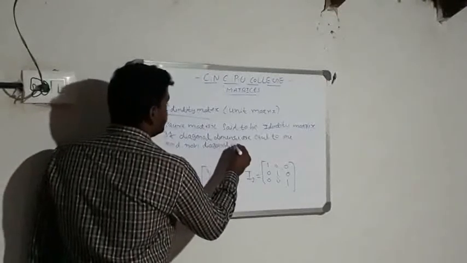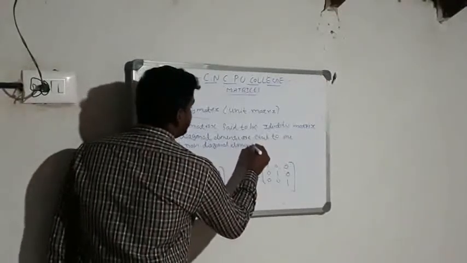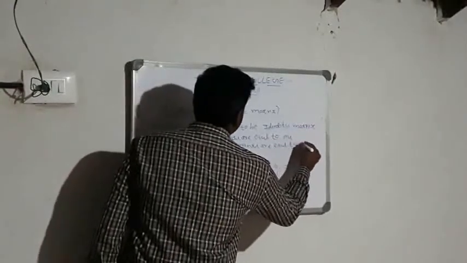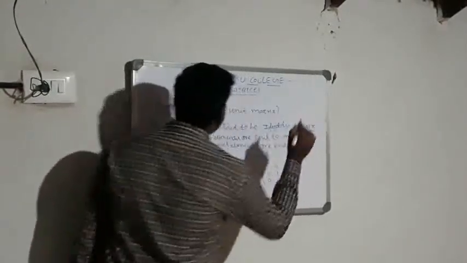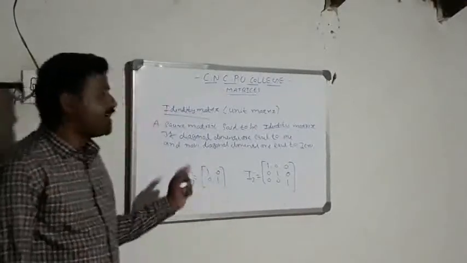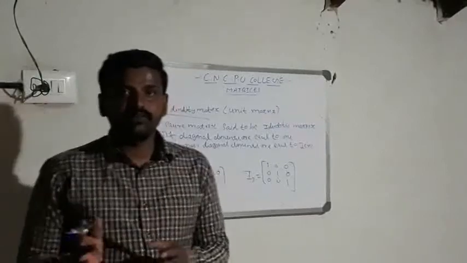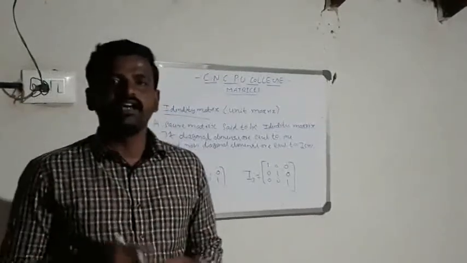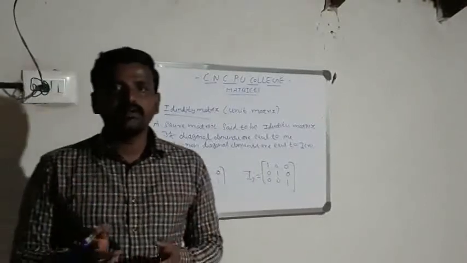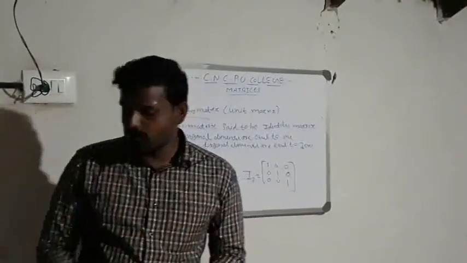This is called an identity matrix or unit matrix. It must be a square matrix, with diagonal elements equal to 1 and non-diagonal elements equal to 0.